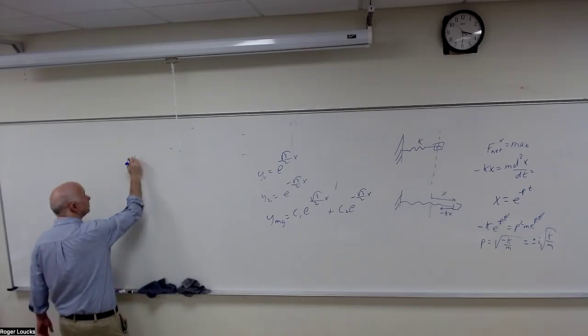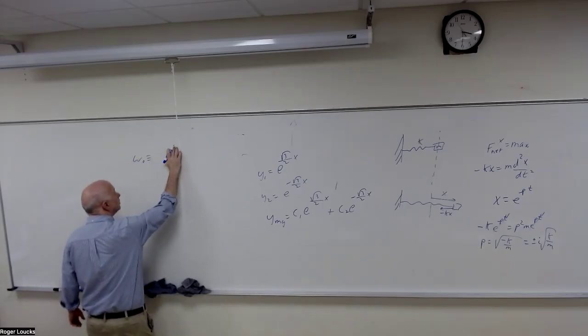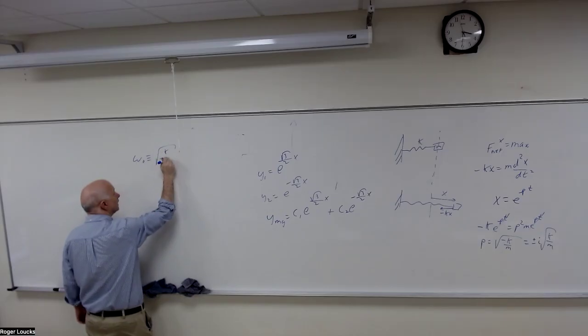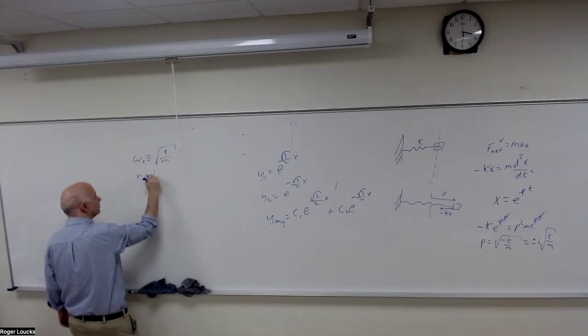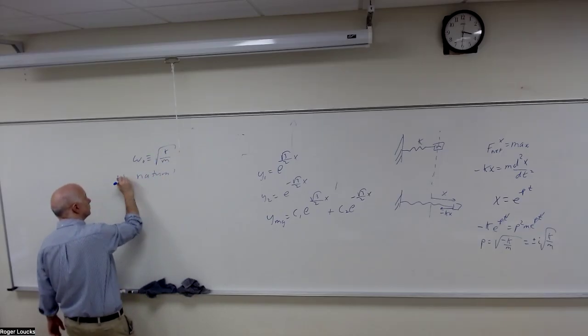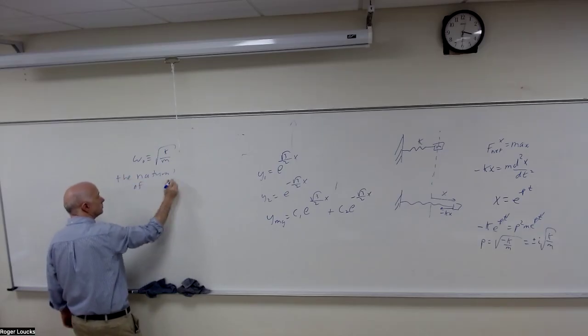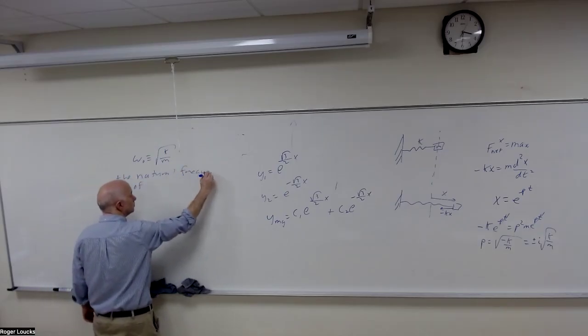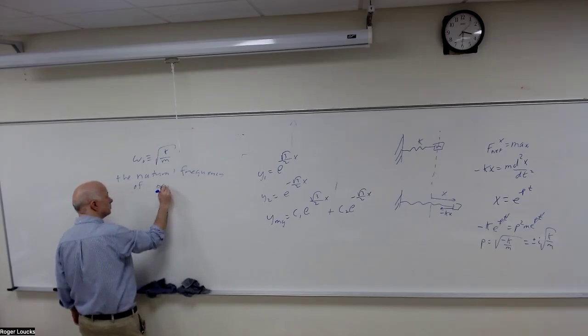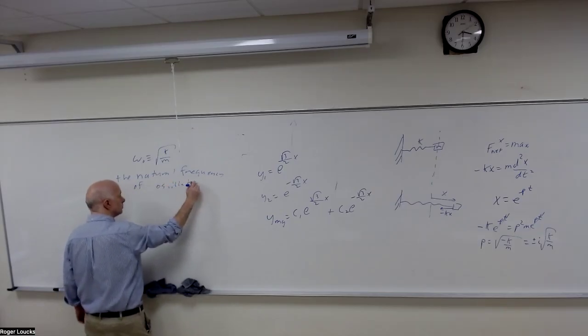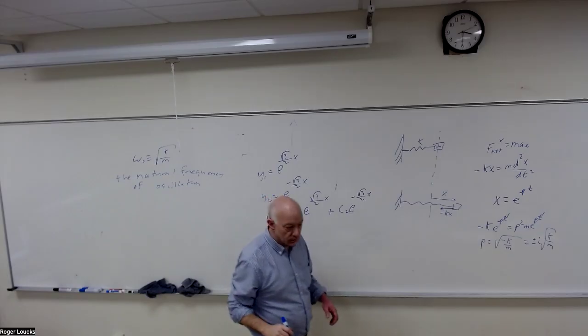We define omega naught as the square root of k over m, and this is called the natural frequency of oscillation. Make sense?